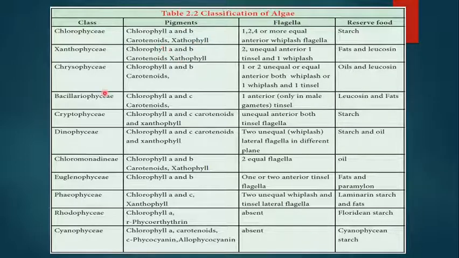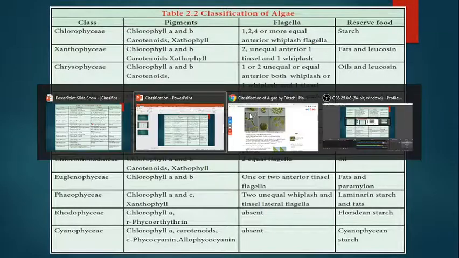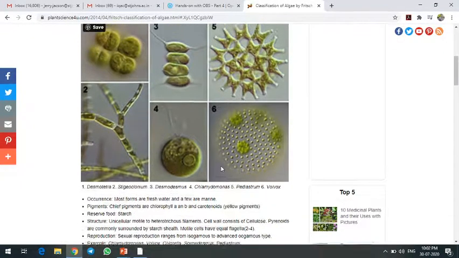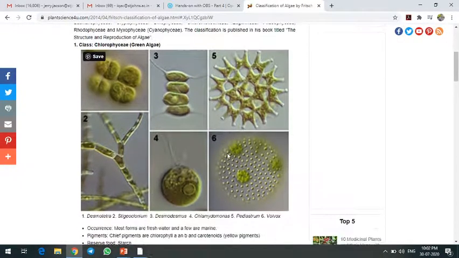And so the carotenes and xanthophylls. And flagella are 1, 2, or 4. They have whiplash type flagella, which are flagella that are smooth and actually are used to push the organism forward.